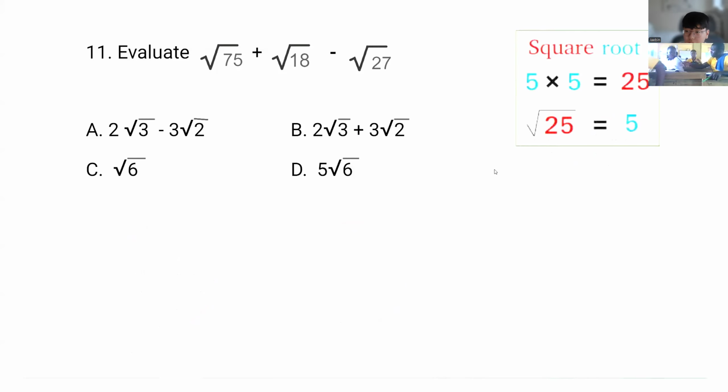Now let's look at the next question, if you're ready. Okay, now let's look at question number 11. You're told to evaluate the square root of 75 plus square root of 80 minus square root of 27.